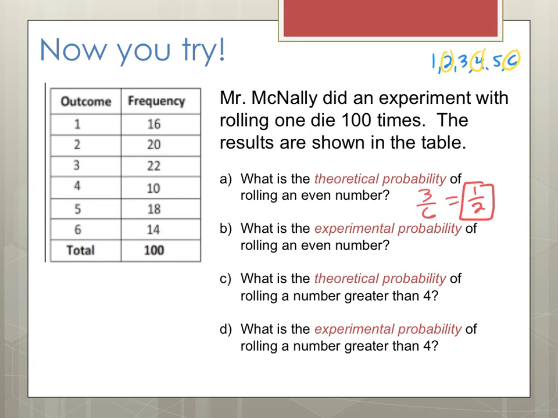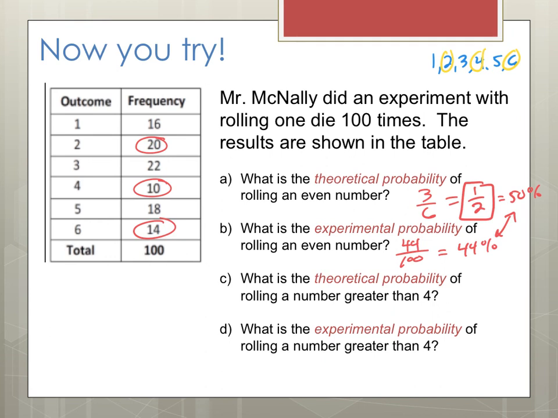But looking at our experiment, it looks like I rolled a 2 20 times, a 4 10 times, and a 6 14 times. So if I add those up, I get a total of 44 out of the 100, which was about a 44% chance. Theoretically, we should have had a 50% chance. So pretty comparable, but again, by the law of large numbers, if I did this 1,000 times, you're going to see that be closer to the 50%.